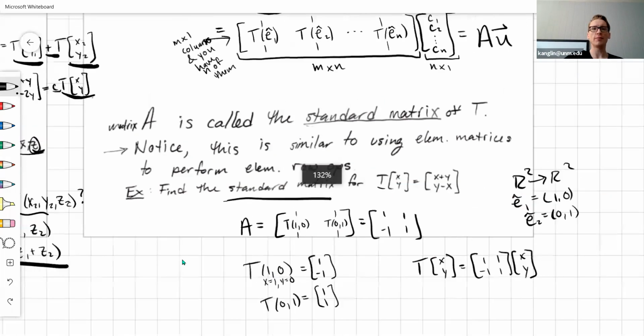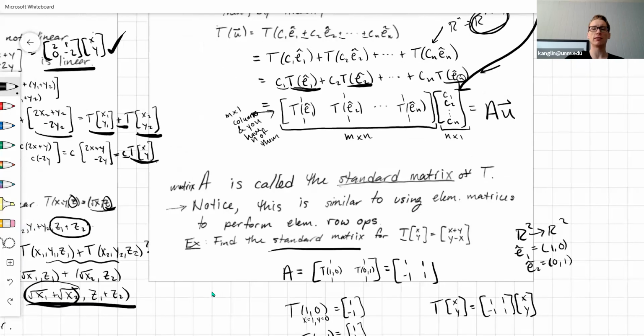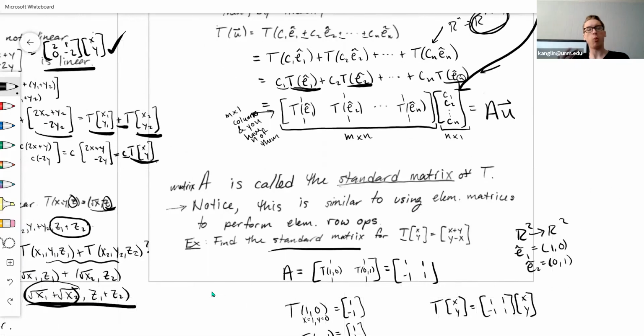Okay, so hopefully that makes a connection between this section and the last one in terms of why we care about these matrix transformations. It turns out those are the ones that are linear, and linear transformations can certainly always be written in that form, but we'll see they have nice properties that allow us to take this idea a little bit further in future sections.